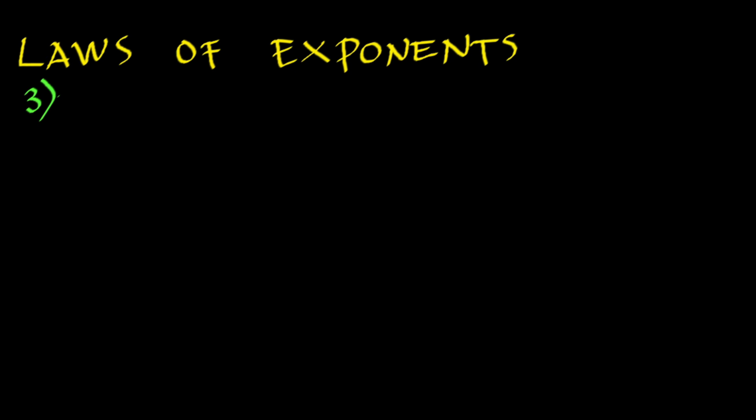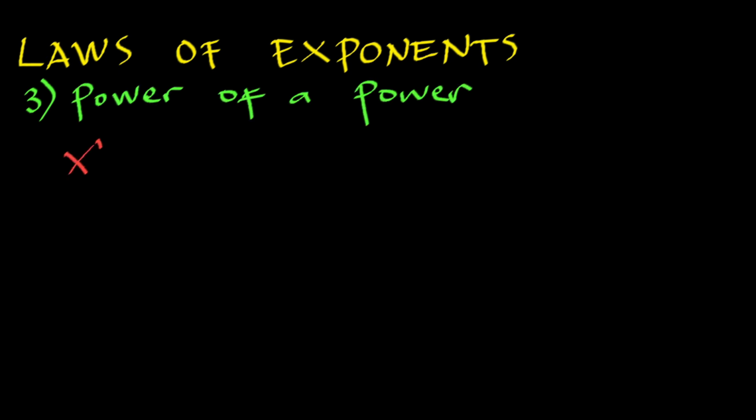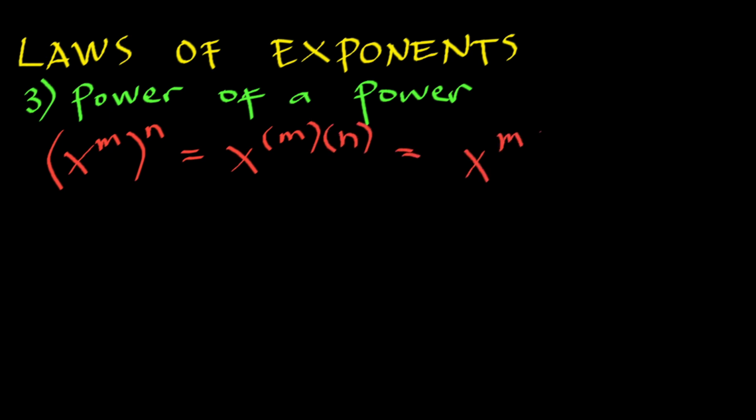Our third law of exponent is the power of a power. So kung meron tayong x raised to m at i-raise natin yan sa n, we will have to just multiply m and n. So we have x raised to m times n.